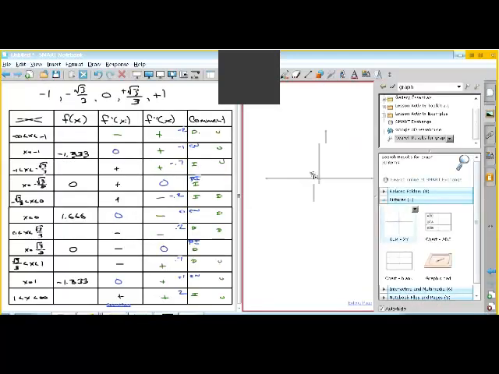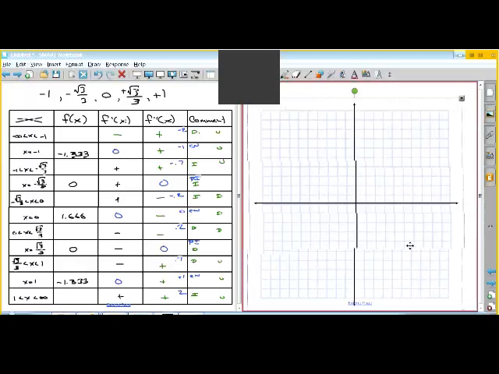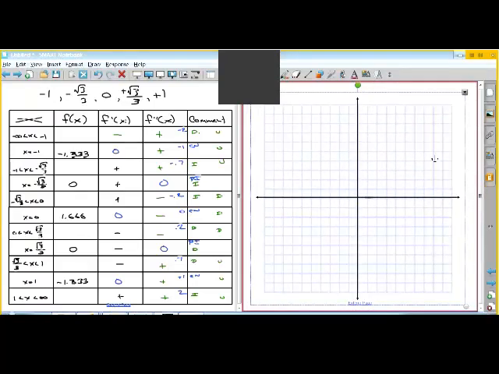So what we'll do is use that information to graph what's going on here. I'm going to make it so that every third value is 1 unit, because a lot of the stuff is breaking up into thirds, so I think it might be easier to plot it that way.